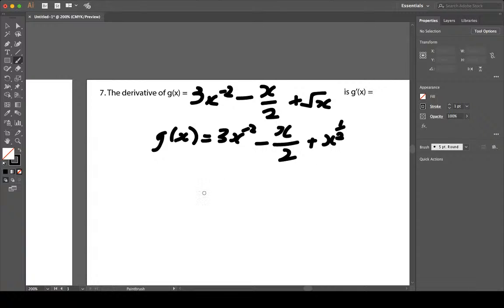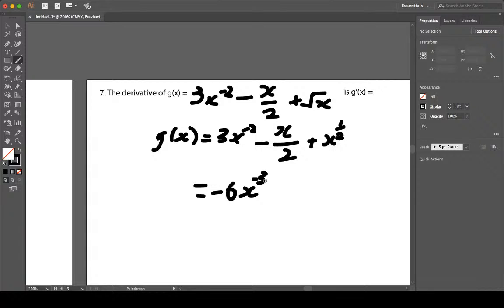So with this, let's go ahead and multiply this 3 by negative 2. We would get negative 6 here to the power of x to the power of negative 2 minus 1. That's negative 3.